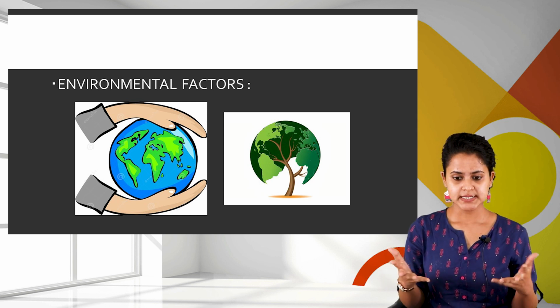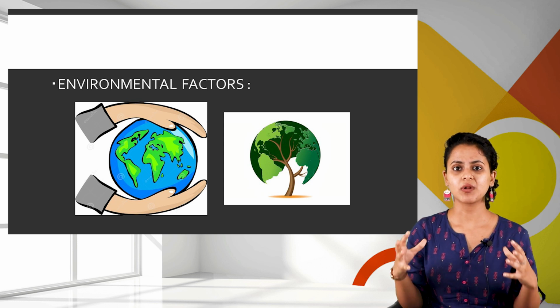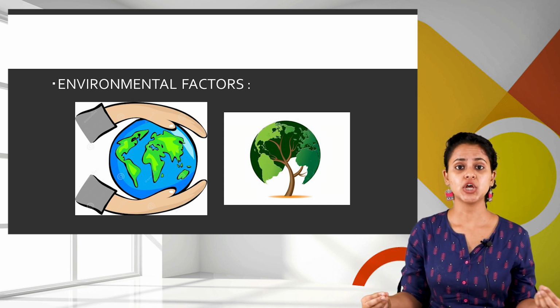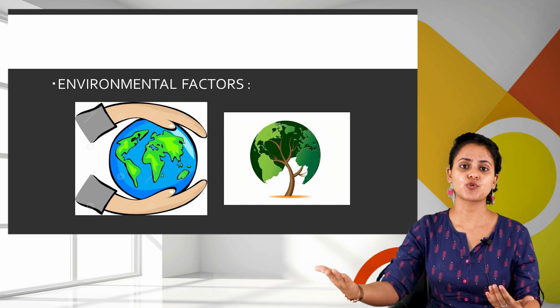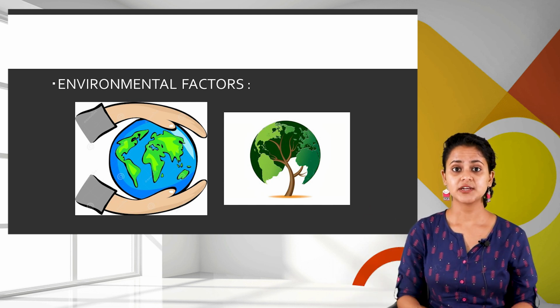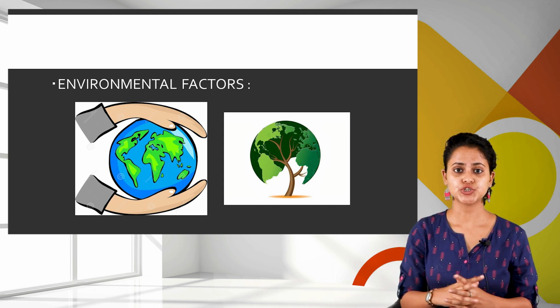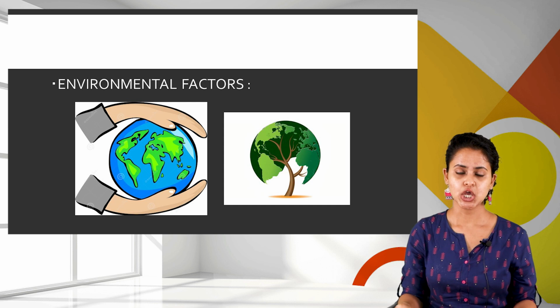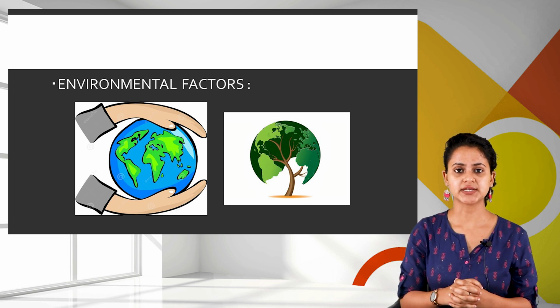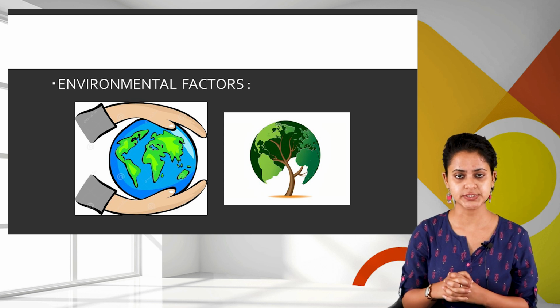Even certain vectors and reservoirs help the individual get exposed to this disease-causing agent within the environment. These factors increase the probability of developing diseases. So, these biological factors are also considered to be determinants of health of an individual.